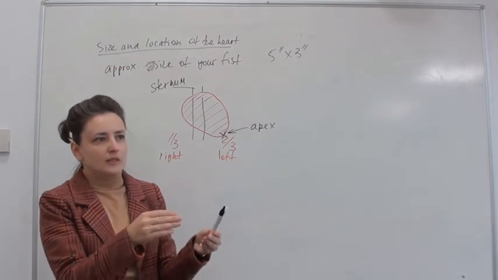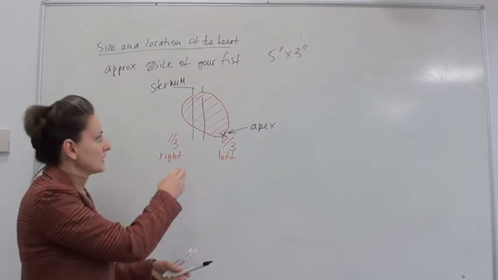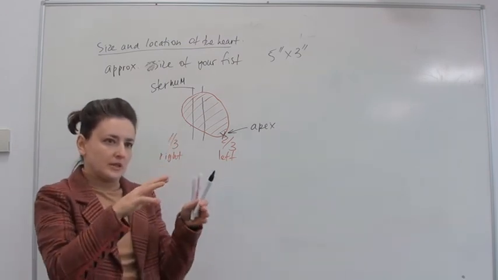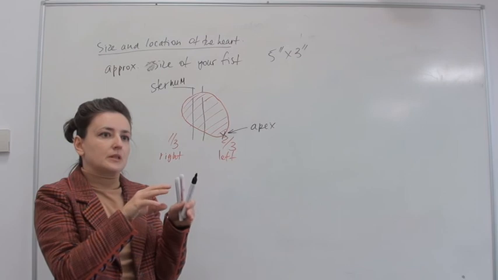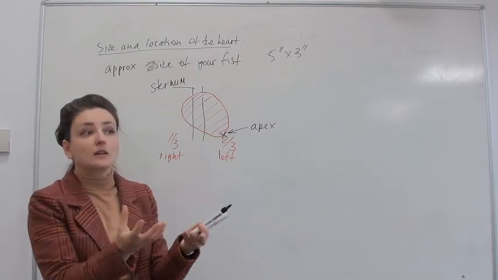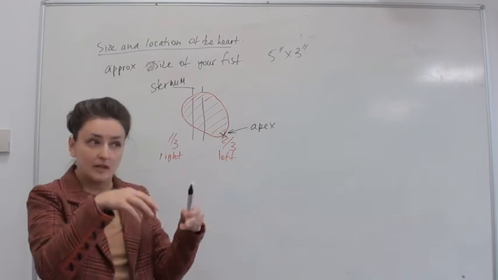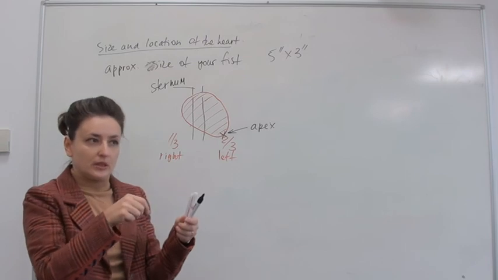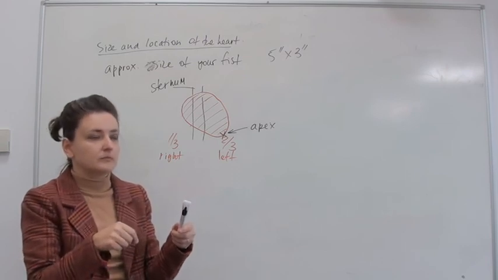It's not quite as simple as that. In order to get to the actual heart muscle, you would have to cut through a protective covering, and that covering also has some liquid inside it, so it's like a sac filled with fluid, and inside that sac you have your heart. So to get to the heart muscle, we would actually have to cut through that covering.